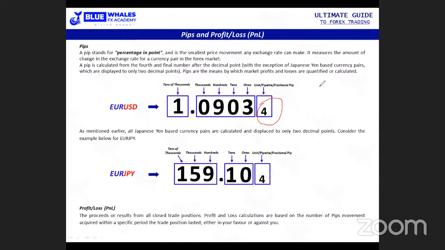A fractional symbol means 1 out of 10. So before a pip can happen, the pipette, or the fractional, has to move up to 10. When they get to 10, then this one moves once, either down or up. You understand? So it's really important.